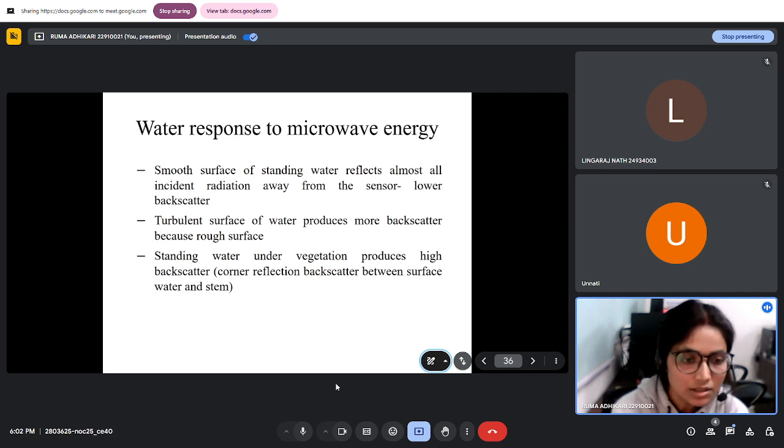So it will reflect more energy now, and because of the corner reflection between surface water and stem, it will appear brighter, because more energy is returning due to the smooth surface.